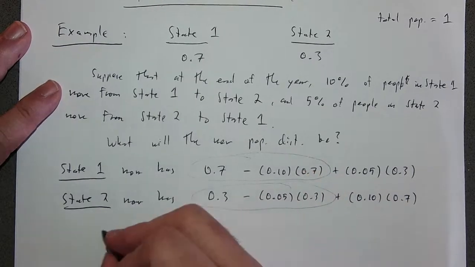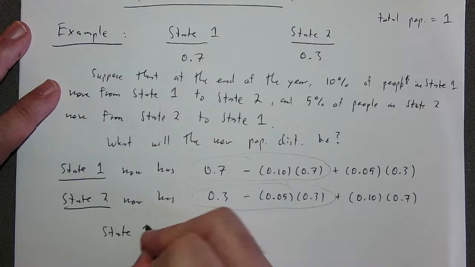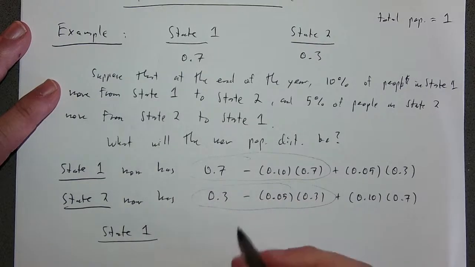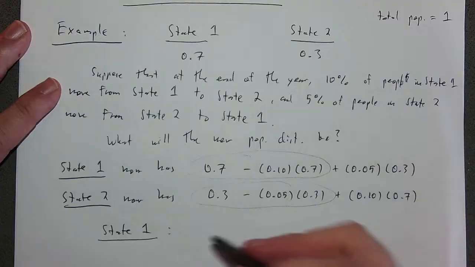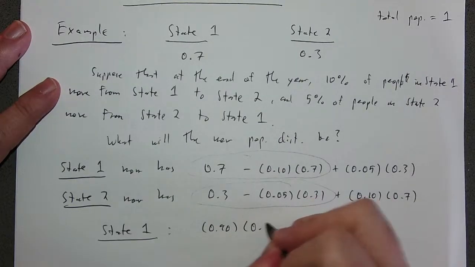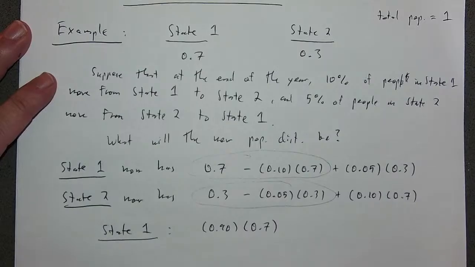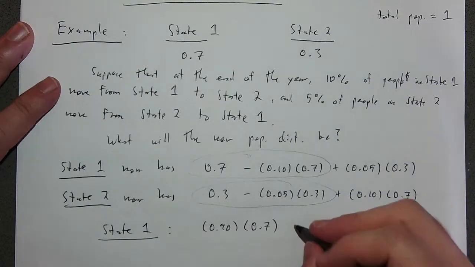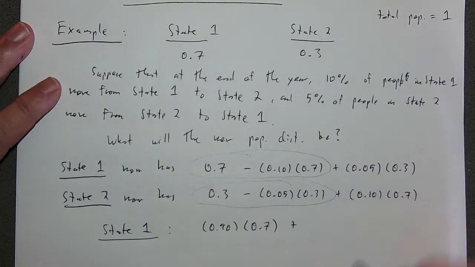So another way of writing this, if you don't like simply combining these algebraically: for state 1, 90% of people stay, so that's 90% of 0.7 plus the 5% from state 2.